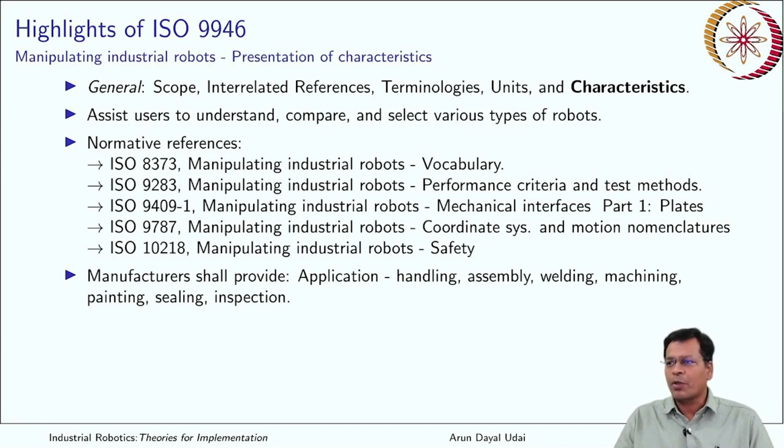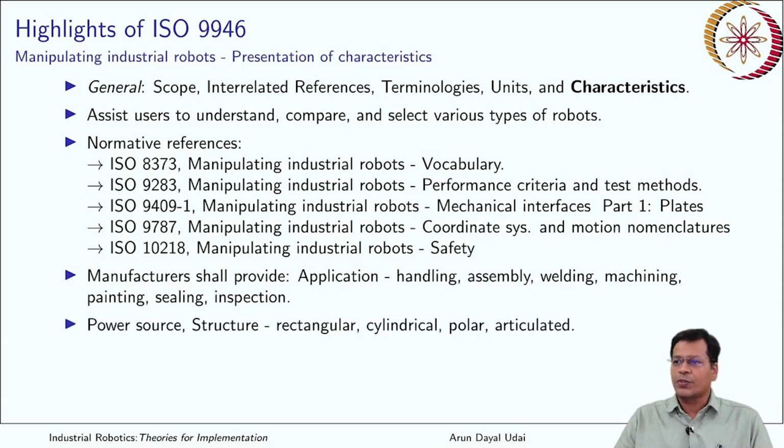What is the probable application? Where do you seek this robot to go? That should be defined by the manufacturer in its manual also. Sometimes the robot name itself says it, let's say KUKA KR5 ARC robot. The name itself says ARC. Although it can do pick and place if you put a gripper on top of it, it is designed mostly to do arc welding applications. Sometimes the name says so, sometimes it is detailed in the data sheet also.